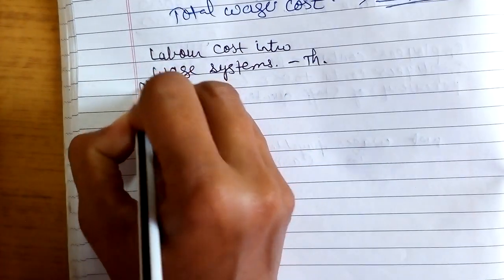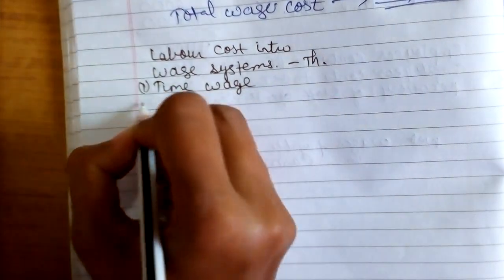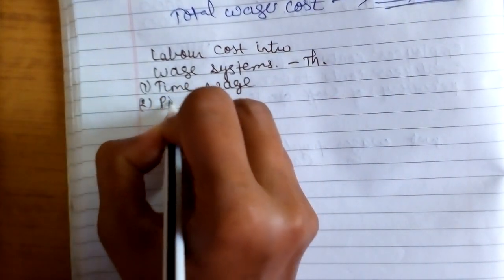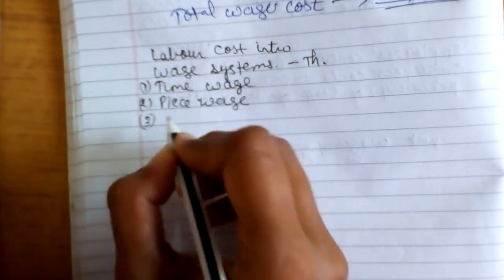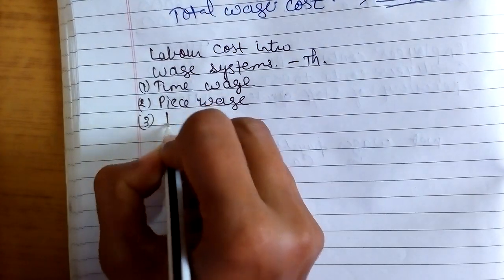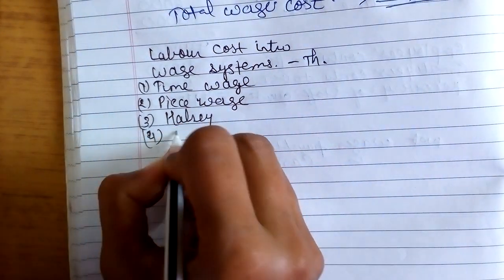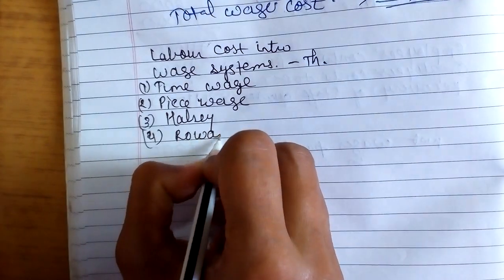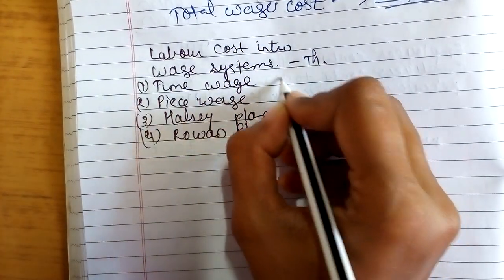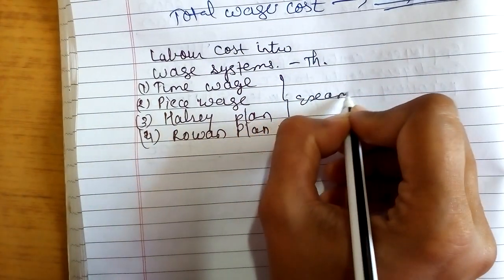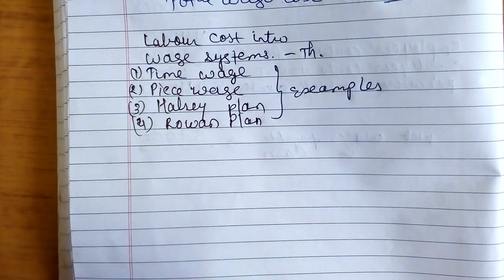Then we have done the time wage system. The second system was piece wage system. Then in incentive plans there was Halsey plan and Rowan plan, right? We did examples of all these along with the formula, right?